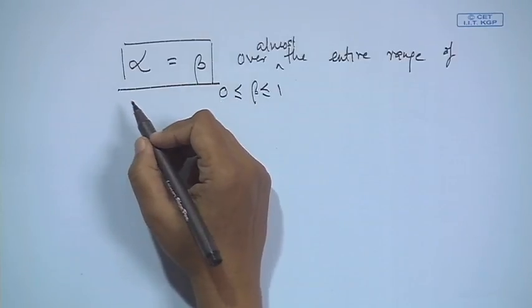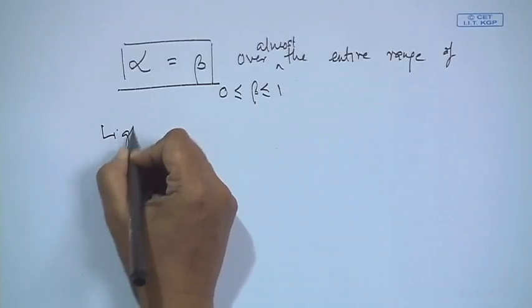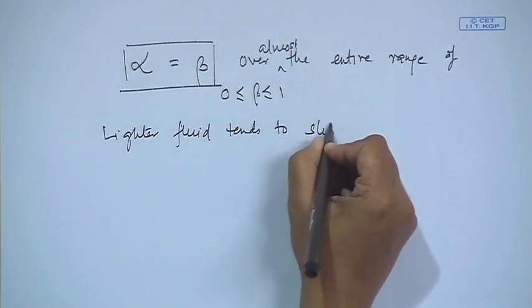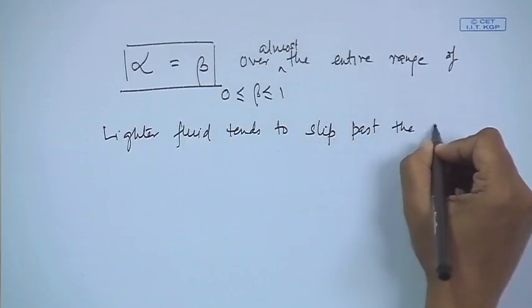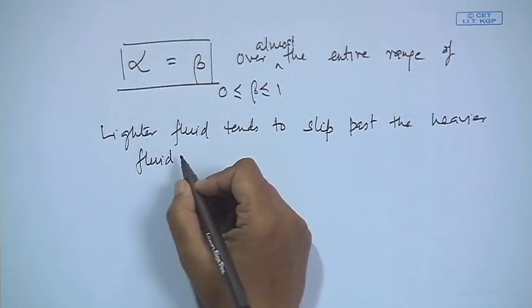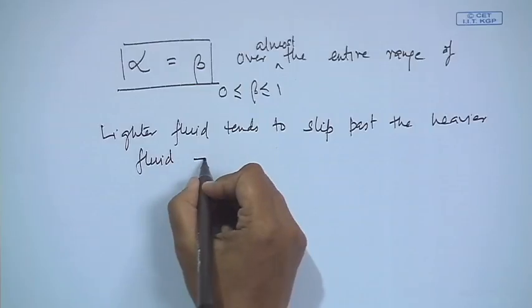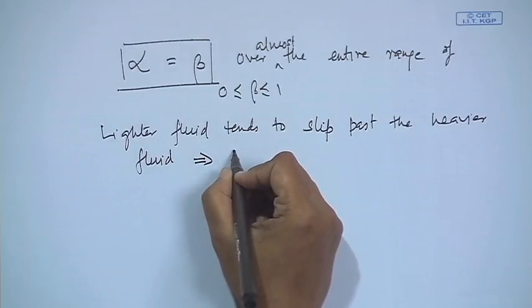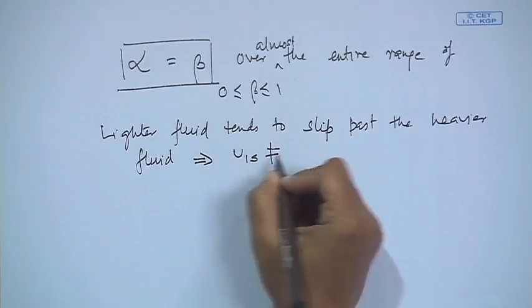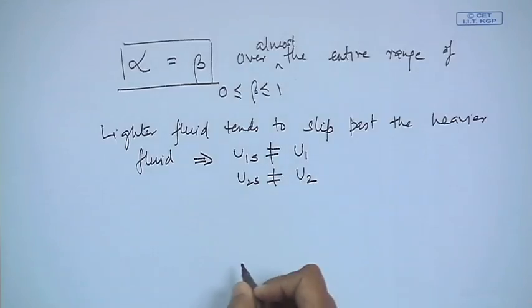Now, if you go back to my initial lecture, what did I say? That when the lighter fluid tends to slip past the heavier fluid, I had mentioned this in the slide of my introductory lecture, naturally the inlet velocity of any particular fluid, which is defined as the superficial velocity, will not be equal to the in situ velocity for either phase 2 or phase 1.